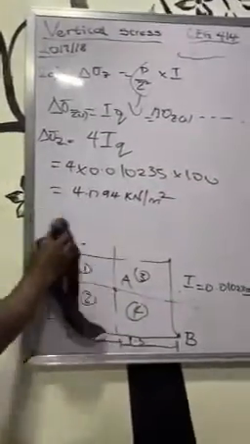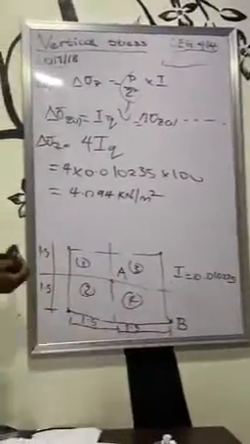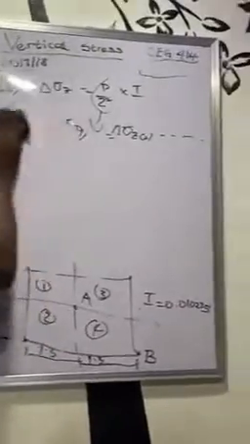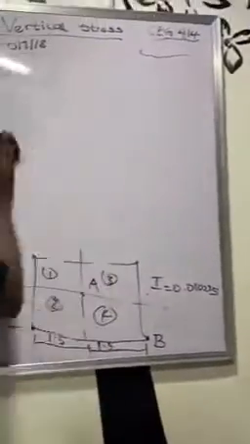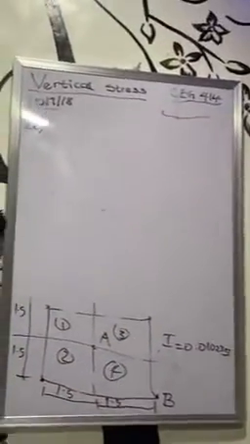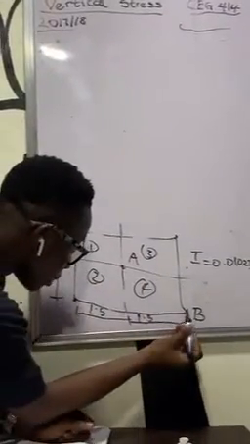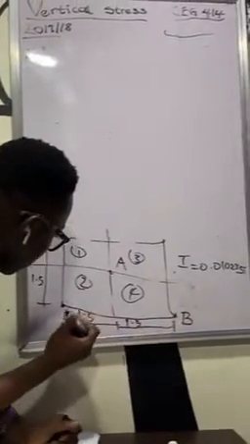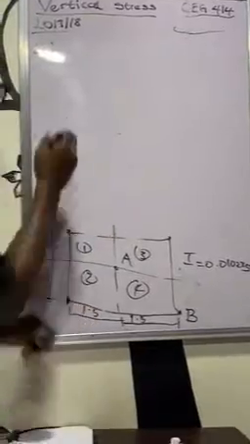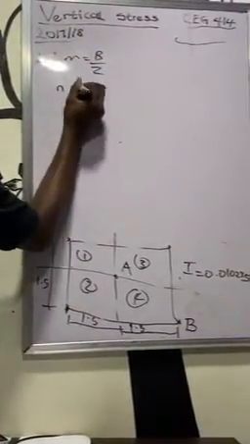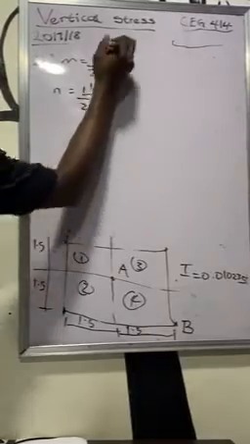The second part says you should find it at the point B at the edge of the footing. For the first part, I said you take it towards the edge of the rectangle. For this second part, since it's already at the edge, my M equals B over Z and N equals L over Z, I use prime.